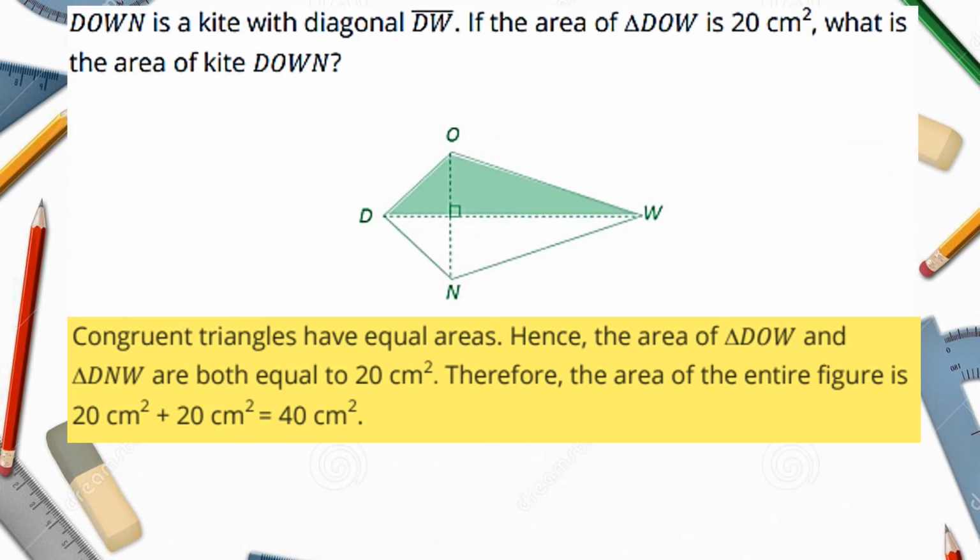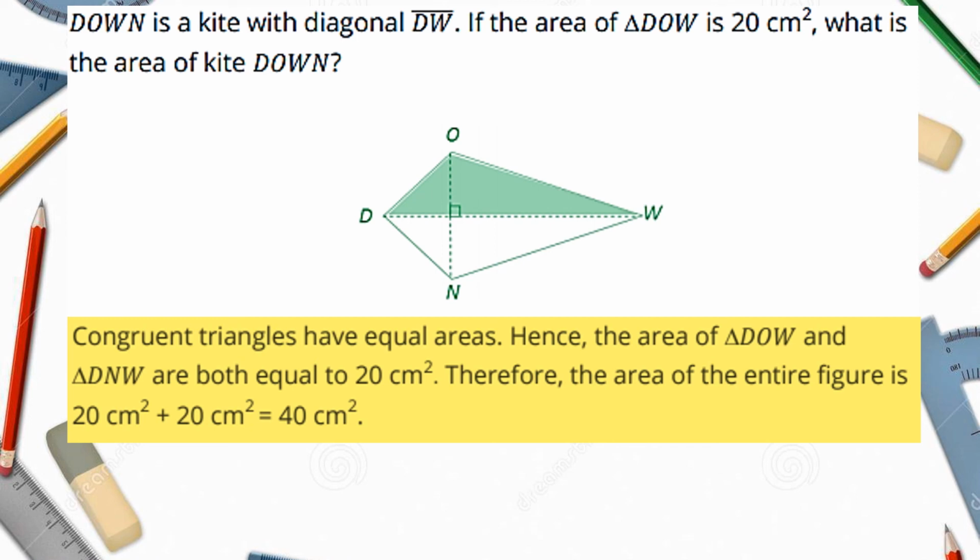For our last example, DOWN is a kite with diagonal DW. If the area of triangle DOW is 20 cm squared, what is the area of kite DOWN? So, lagi tayong nakaka-involve dito ng mga area.